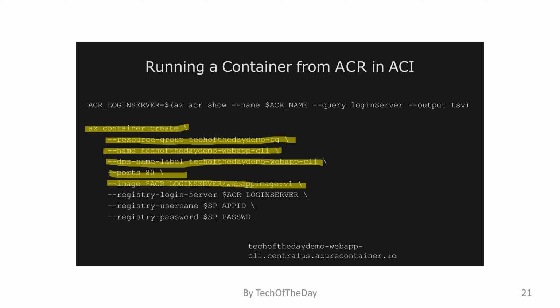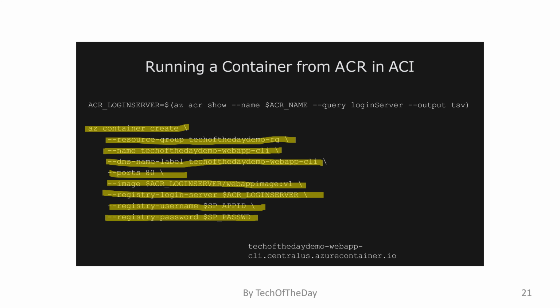Then the registry login server, which is the ACR login server we did here, and then the registry username and password, which are the SP app ID and password that we just did in the previous slide.